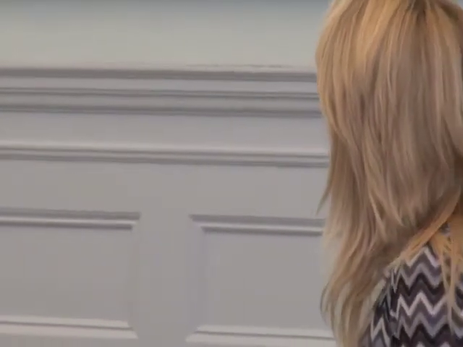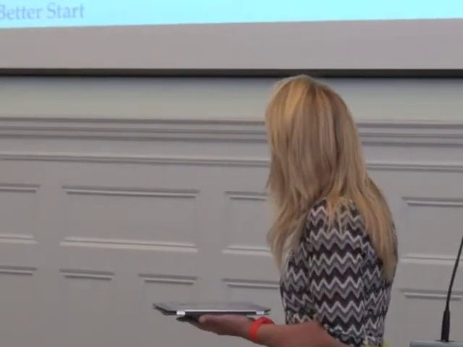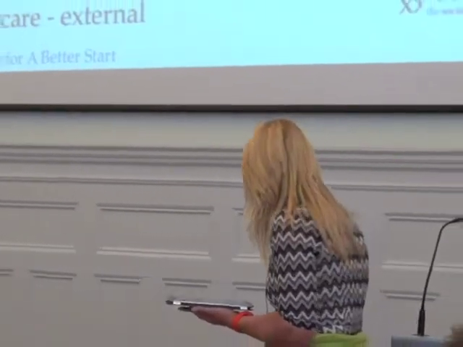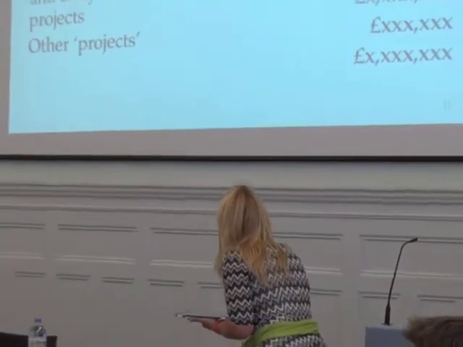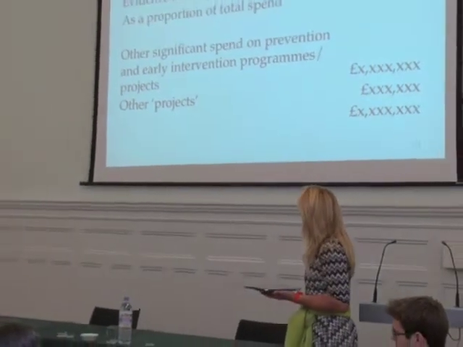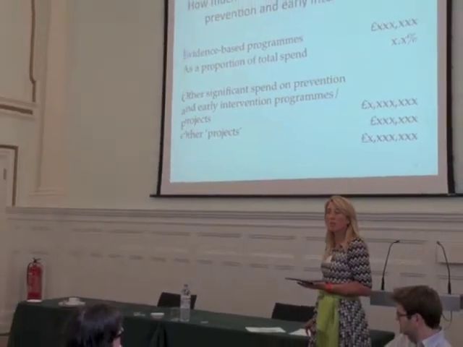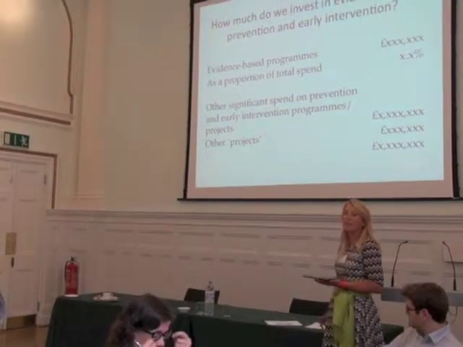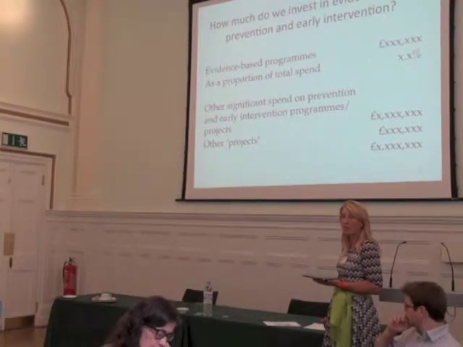What investment is targeted? You're able to put some estimates on the targeted spend, some estimates on the average cost of services, an estimate of what's been spent on evidence-based activity, and other significant spend on prevention and early intervention.